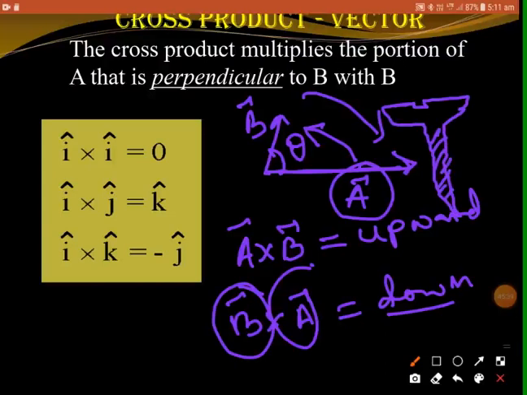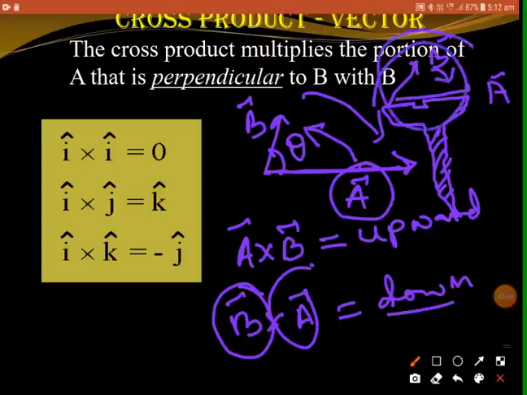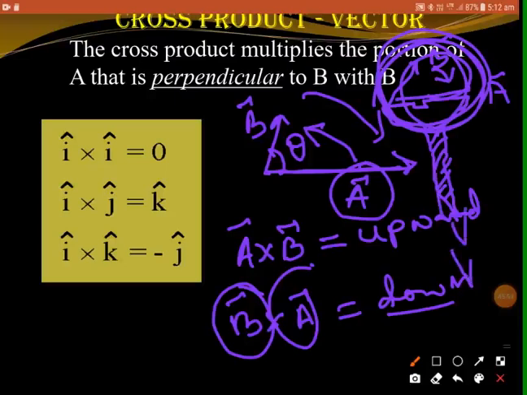Suppose you turn this head of the screw from the first vector B to the second vector A. That means you turn the head of the screw like this, from the first vector to the second vector. This is a clockwise direction. If you turn the head of the screw, naturally your screw will advance forward like this.